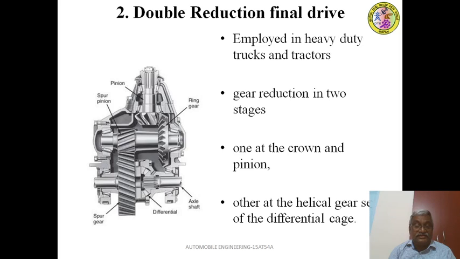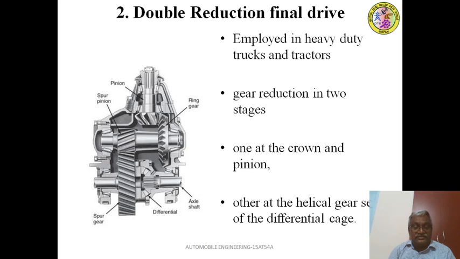So the tractor runs at such a slow speed while doing agricultural work in the farms. To get such a heavy torque at the road wheels, it is essential to go for higher gear ratios. It is not possible to get such a higher gear ratio by using gear reduction at one stage.